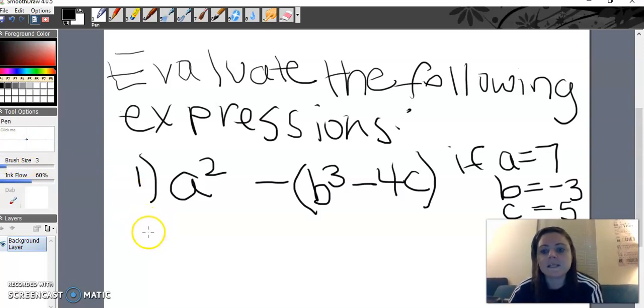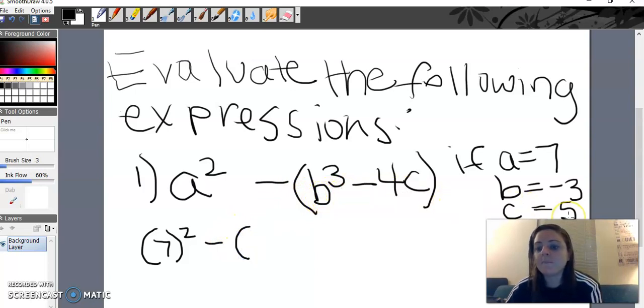So I'm going to go over here. Anytime I see an A, it tells me that A is 7. So in parentheses, we're going to write 7 to the second power. Be sure to use parentheses. Minus, and then we have an open parentheses. Now we have B. Our B is -3, so we have to put -3 in parentheses.